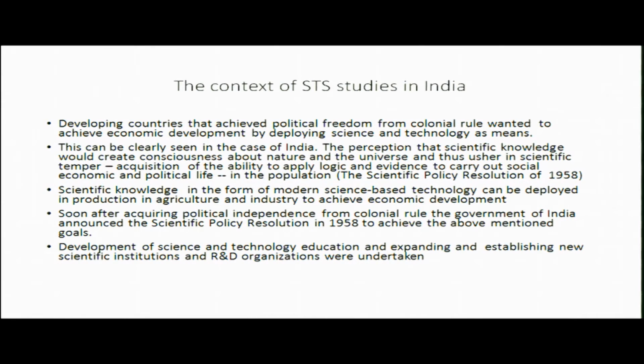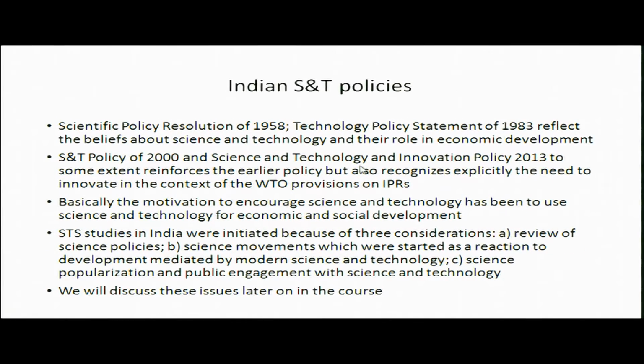Soon after acquiring political independence from colonial rule, the Government of India announced the Scientific Policy Resolution 1958 to achieve the above mentioned goals. Development of science and technology, education and expanding and establishing new scientific institutions and R&D organizations were undertaken in India after the 1958 policy resolution was adopted. As I said, the first scientific policy was the Scientific Policy Resolution of 1958.